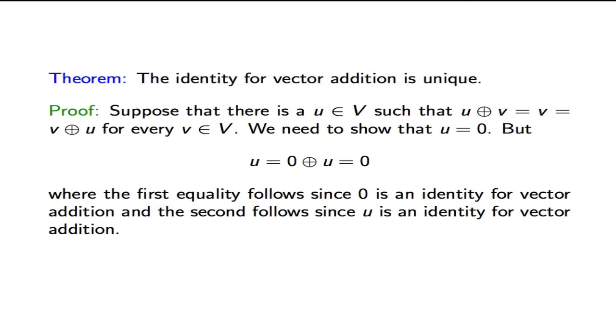Okay, but this is easy because u is equal to 0 plus u, since 0 is the additive identity. And 0 plus u is equal to 0 because we assume that u is the additive identity. So this means that u is equal to 0, and indeed the identity for vector addition is unique.